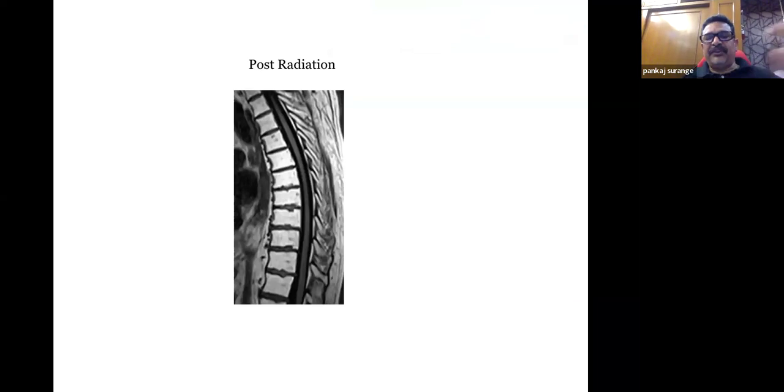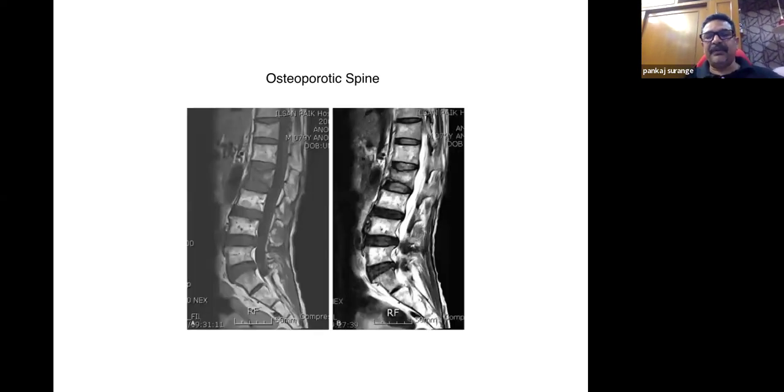Post radiation, you may see this kind of MRI, when the marrow is completely replaced by the fatty tissues. So these are not hemangiomas, they are diffusely white over here. They are the post radiation fatty infiltrations. Look at this osteoporotic spine.